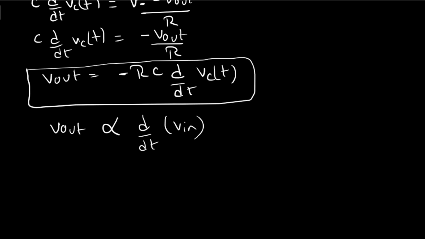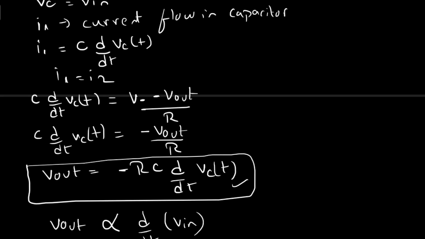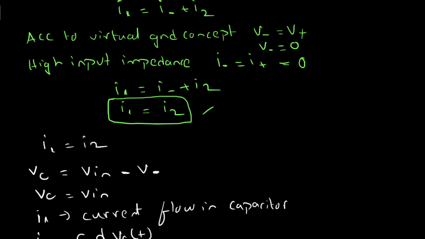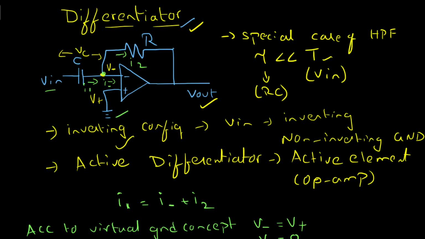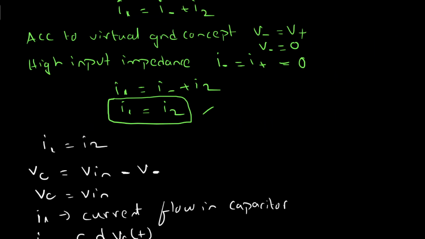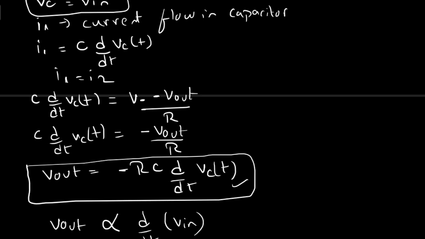Okay, but here we got it as Vc of t. What is Vc of t? Already we determined the relationship between the Vc and Vn. So what is Vc and Vn? Here Vc equals Vn, so in place of Vc you can write it as Vn.